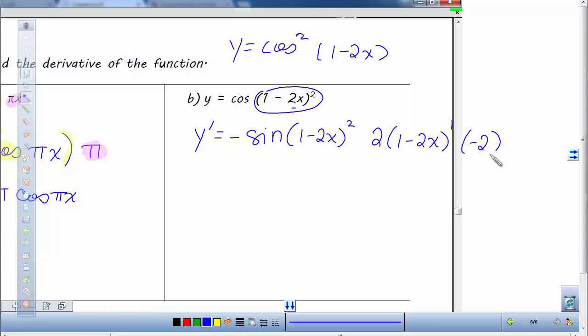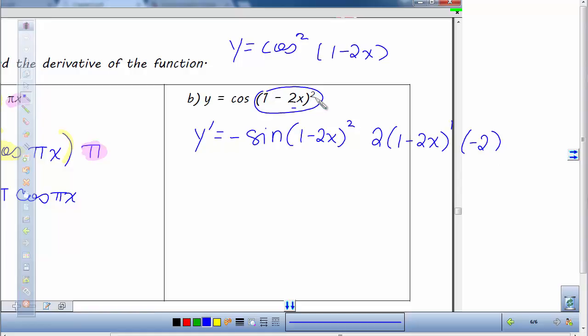I don't understand why the exponent isn't being taken the derivative of.